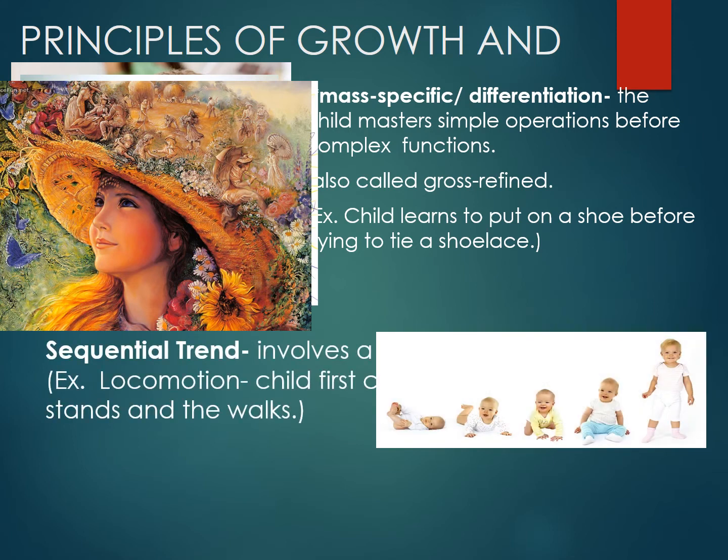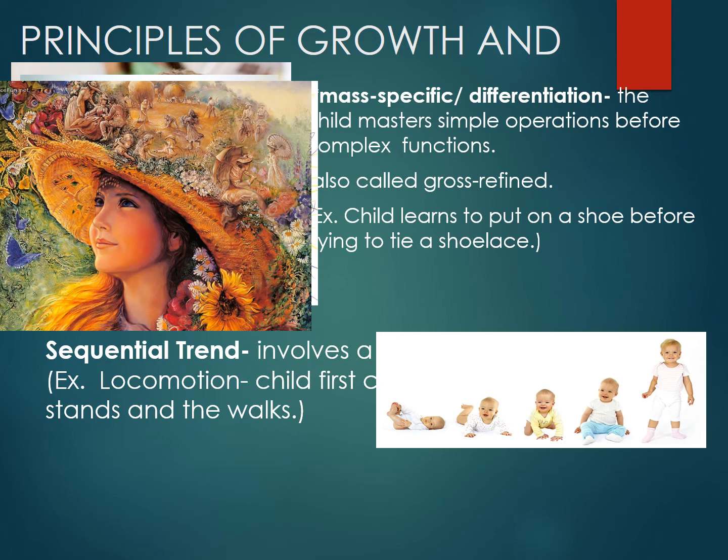Now, another example is what we call sequential trend. So, sabi dito, it involves a series of steps or procedures before an individual can perform a specific function. We take into consideration locomotion or the movement of the child. So, makikita nyo, the child, all of us, will start to crawl first.